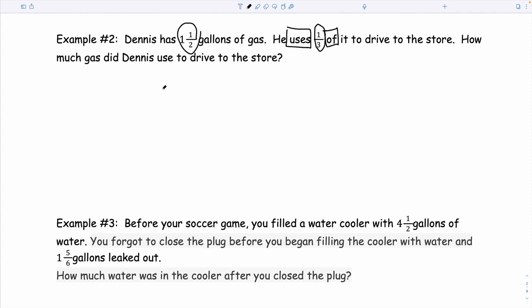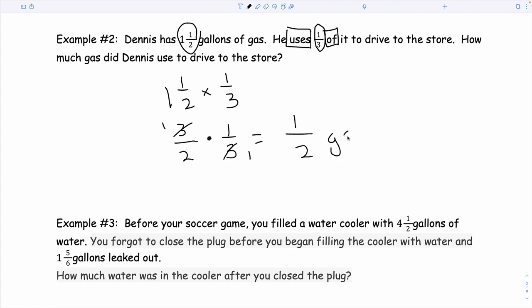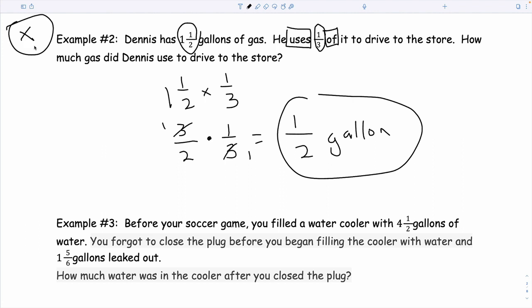So I'm going to start with 1 1/2, and I'm going to multiply it by 1/3. When you have a mixed number, change it to an improper fraction before you multiply. Cross cancel 3 with 3. He uses 1/2 gallon. And I was thinking it was multiplication, so I put that there before I did the problem.